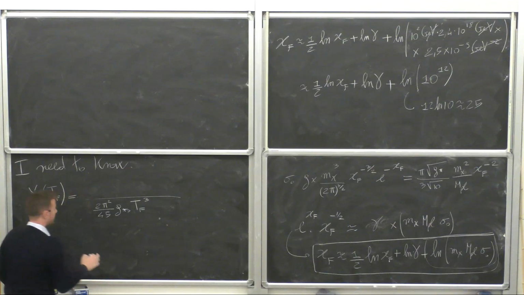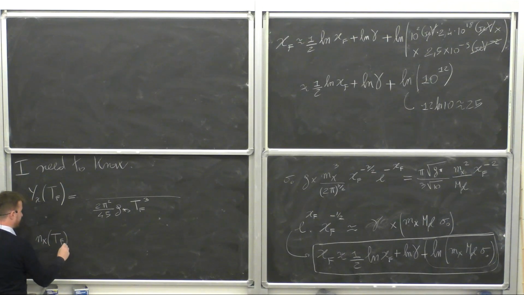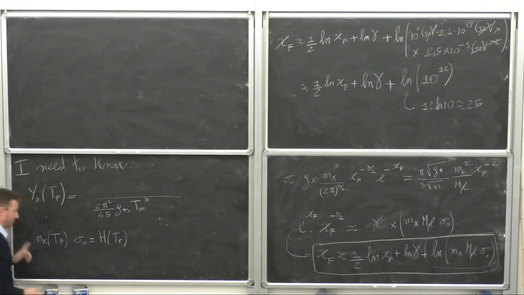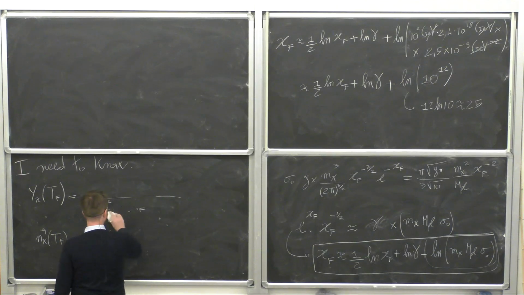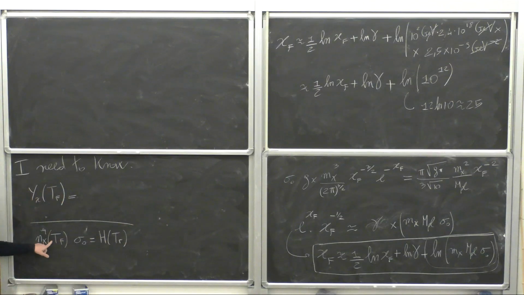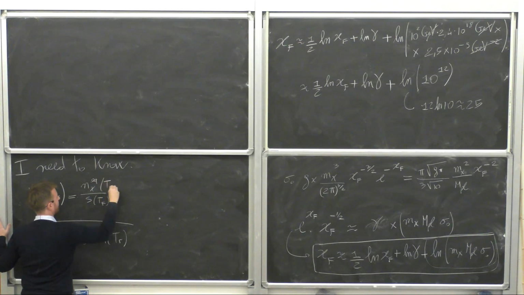Let's revisit the freeze-out condition. The freeze-out condition is n chi(T_F) sigma_0 equals H(T_F). This is where we started from. So if I want to know Y chi, let me rewrite it here: Y chi is n chi equilibrium over s.